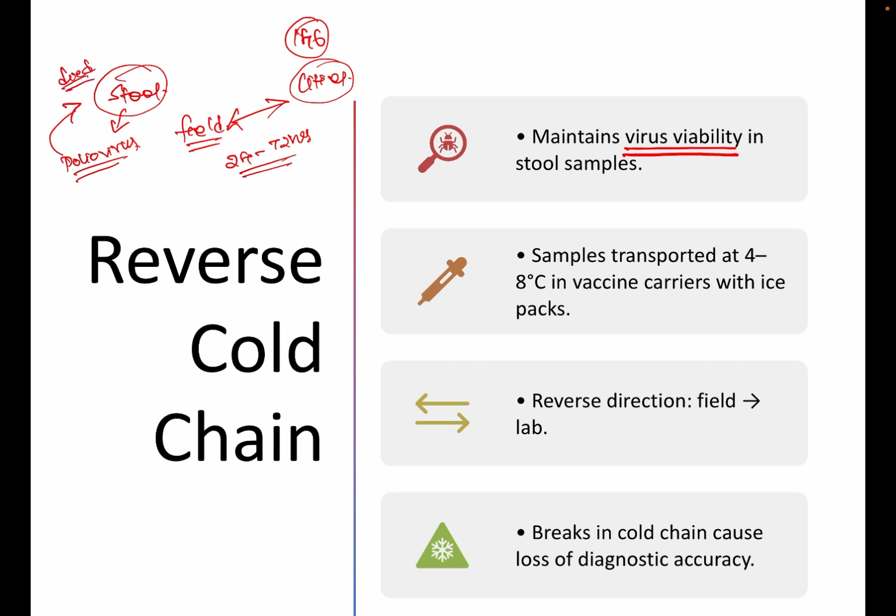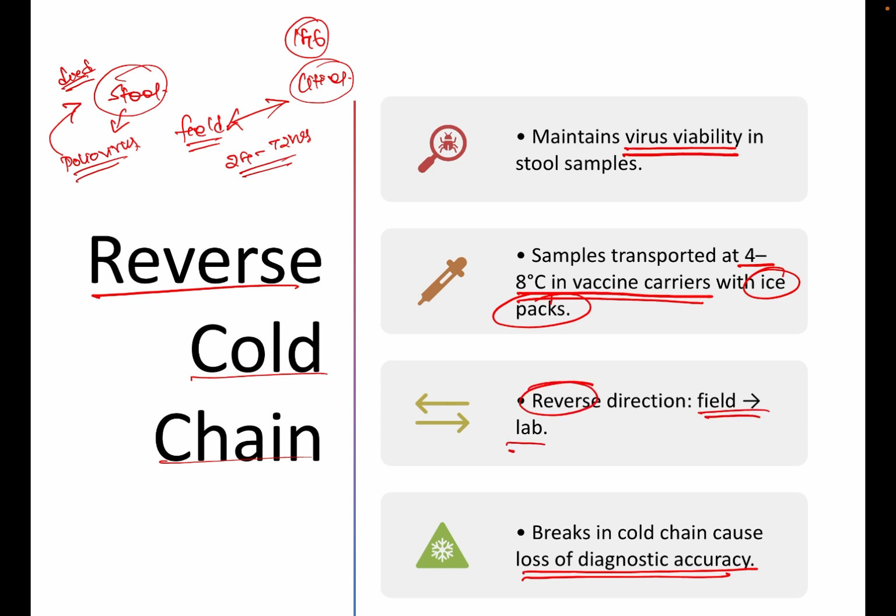So in order to maintain viability of the virus, we have to maintain it in reverse cold chain, wherein the samples are transported at 4 to 8 degrees Celsius in vaccine carriers with ice packs. If you are not using it, there is a high chance of loss of diagnostic accuracy. We call it reverse because the movement happens from field to lab.